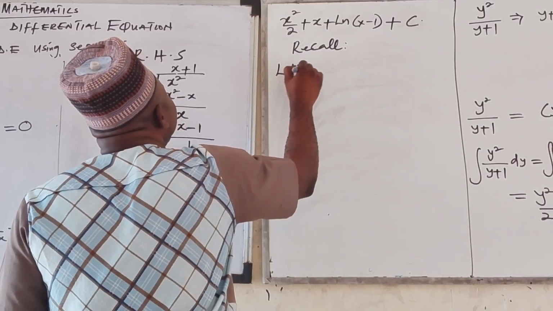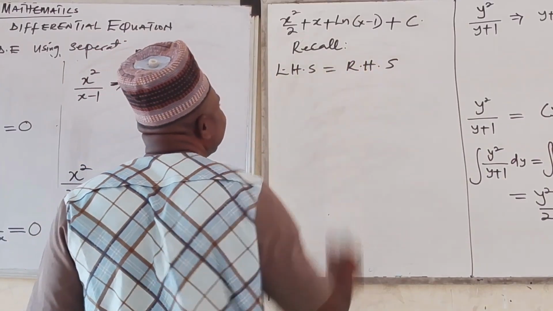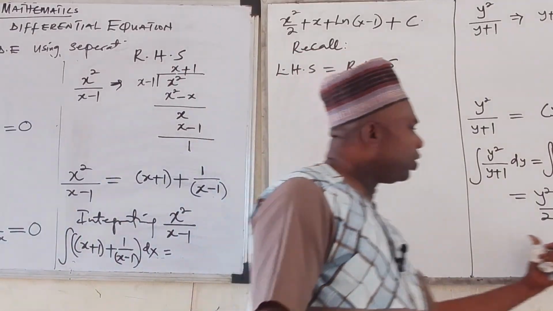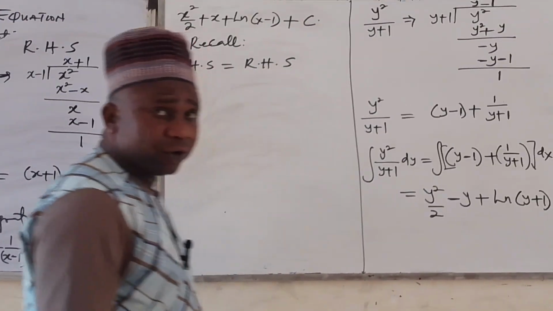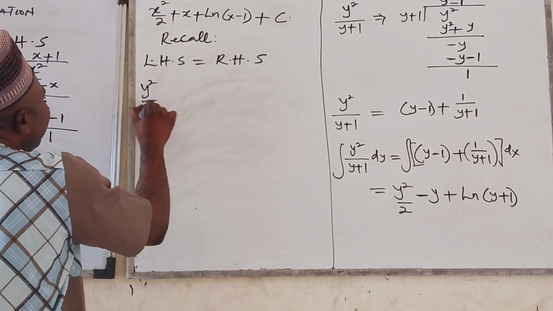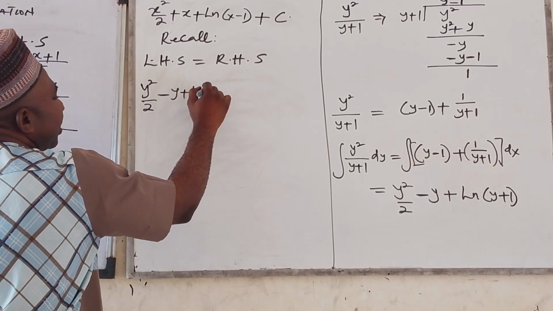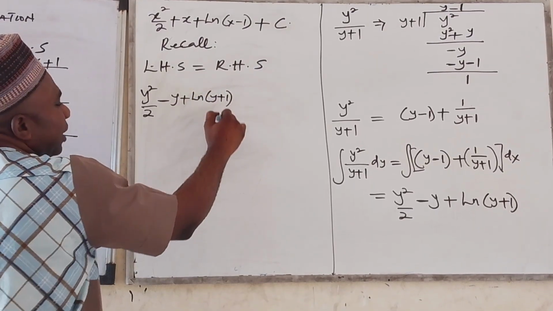Then remember, recall that left hand side is equal to right hand side. So for the left hand side, we have y squared all over 2 minus y plus ln y plus 1.